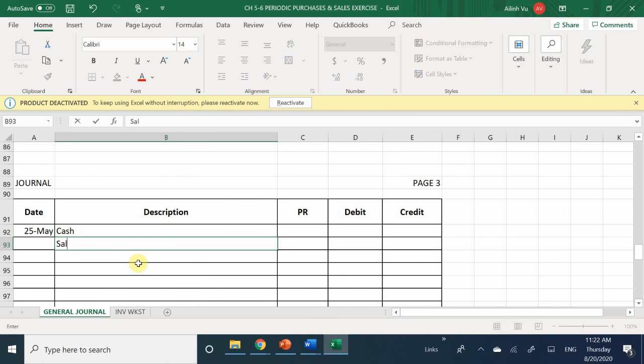We do sales discount, but we do not need to do sales tax payable because no one has paid their tax yet. We're going to take the discount first before we charge the tax.